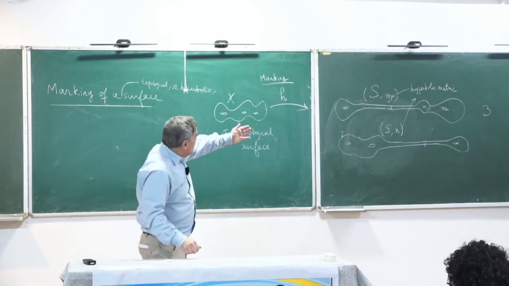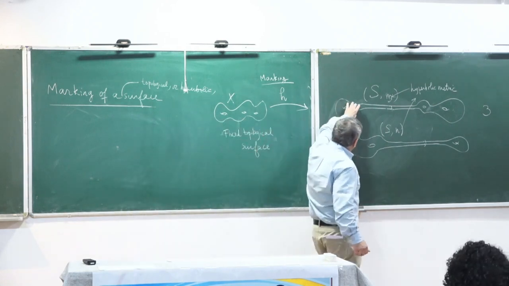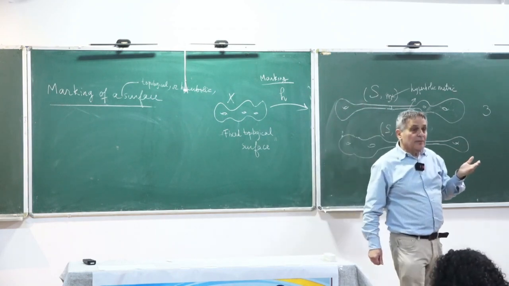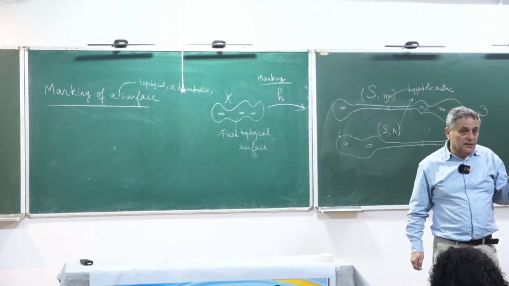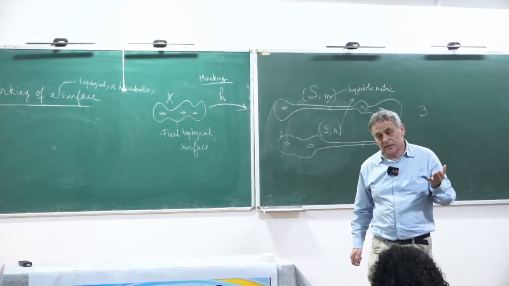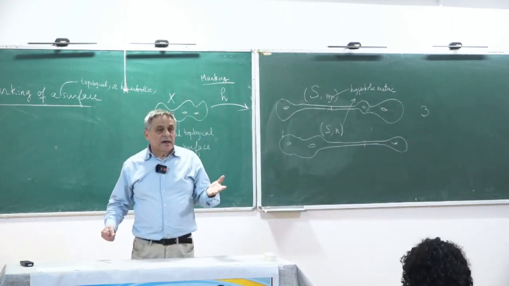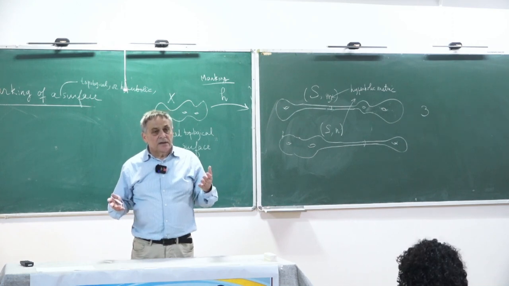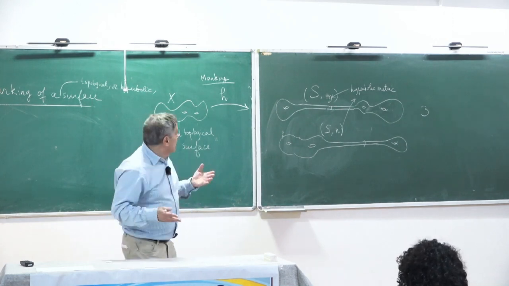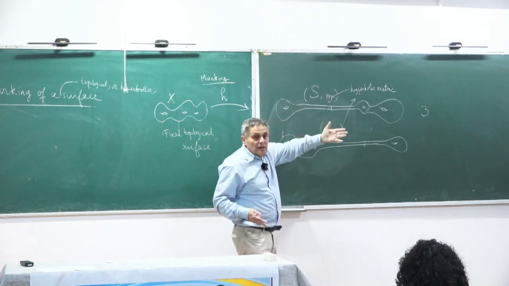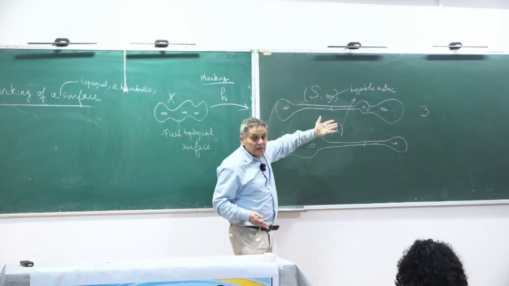So if I tell you Teichmüller space is the space of all hyperbolic structures on a given surface, if I say it like this, then this space is infinite dimensional. Because a hyperbolic surface, you see, I can move this hyperbolic structure by some homotopy on my surface, and I will get also another hyperbolic surface.